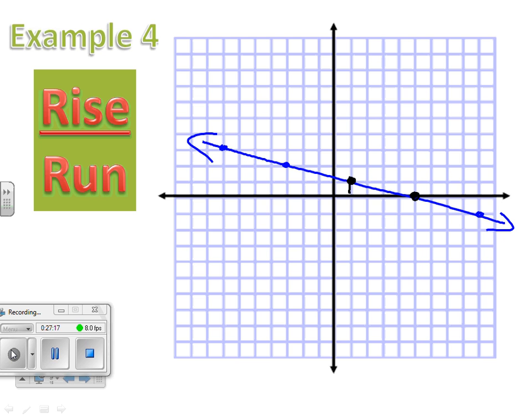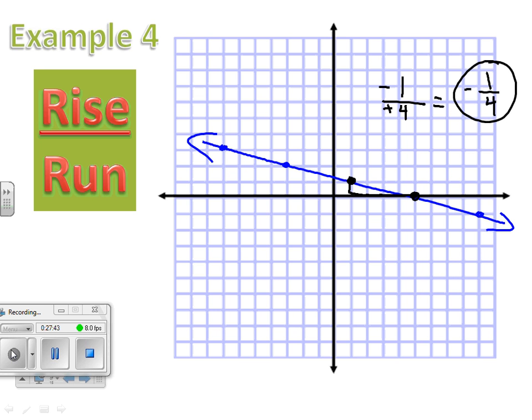Down 1 means negative 1. Okay? And then we are now going to travel where, Wes? To the right. 1, 2, 3, 4. And if we're traveling to the right 4, positive 4. So who was right? Jesse. Negative 1/4.